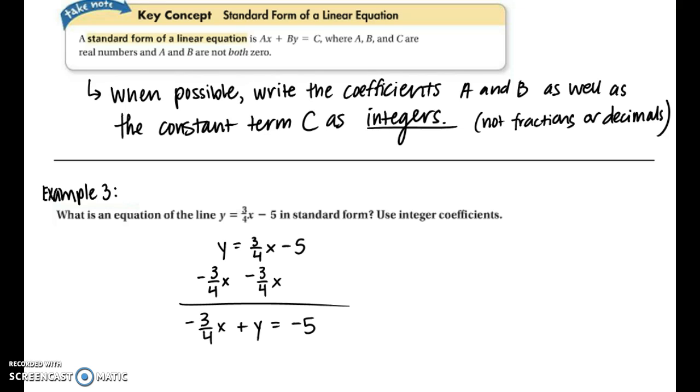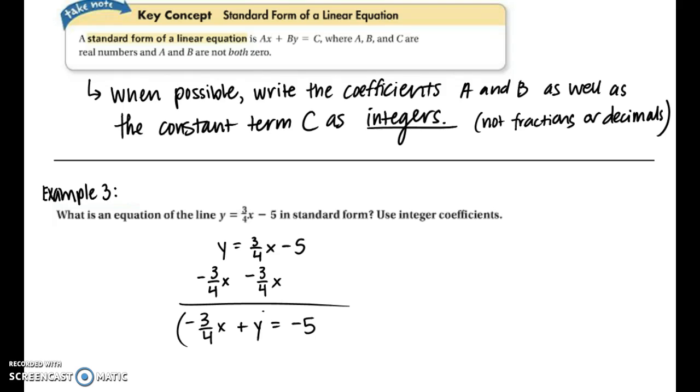Now, it said we need to use integer coefficients, so that means we don't want to have any fractions. And you can see right there we have a negative 3/4 in front of the x. So what we want to do is multiply each side of the equation by the least common denominator of all fraction coefficients. Fortunately, we only have one fraction here, so the least common denominator would just be 4.